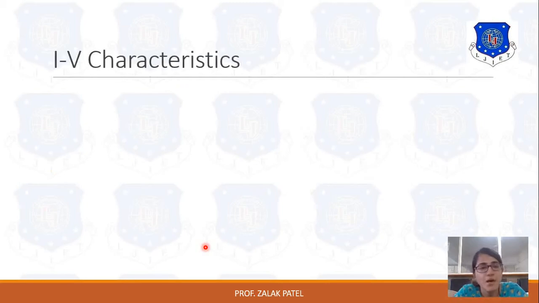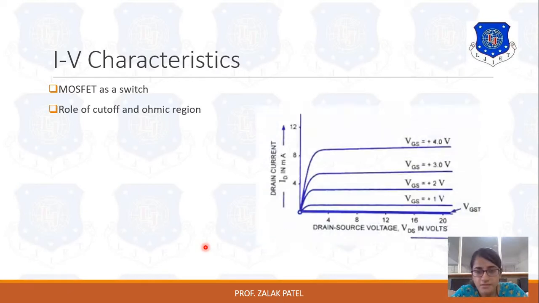Now let's see the IV characteristic of MOSFET. First of all, for IV characteristic, the MOSFET is used as a switch. So as a switch there should be two states, either it is off or it is on. Now let's see when it is off and when it is on.